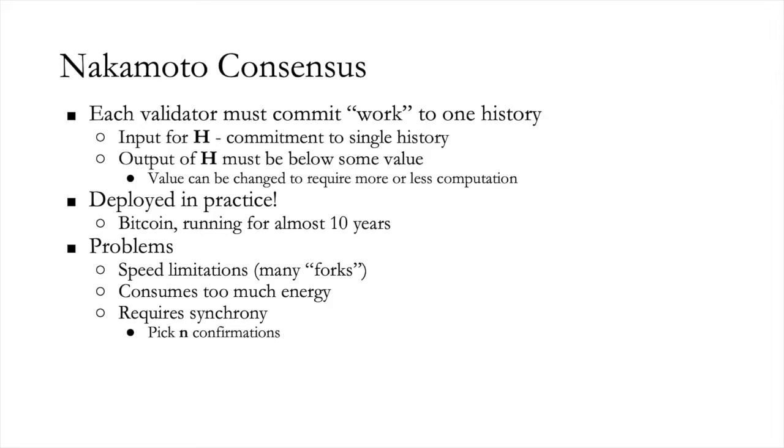But this has a huge negative externality of doing all this work, consuming all this electricity, simply to secure the consensus algorithm. Another problem is that it requires approximate synchrony in order to demonstrably reach consensus.